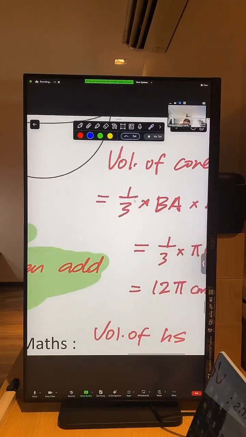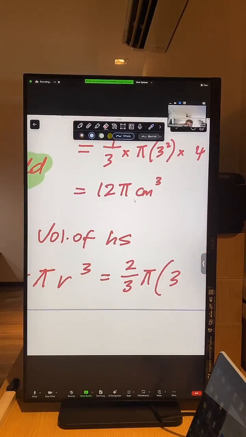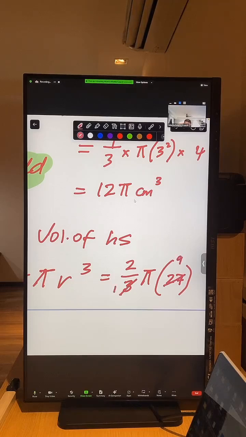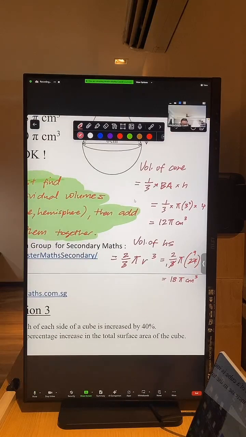So 3 cube is 27. 2/3 times 27, I can cancel the 3 to become 1 and 27 to become 9, so this becomes 18 pi cm cube. Sorry, I got to borrow from the next page, not enough space. So the total will be 12 pi plus 18 pi, which gives me 30 pi cm cube.